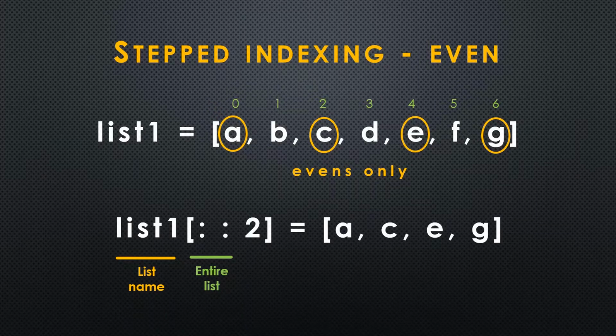The double colon indicates that we want to consider the entire list, and 2 indicates that the elements we isolate within it will have a step of 2 between them. In this case, 0, 2, 4, and 6. So in this case, the list goes from being A, B, C, D, E, F, G to being A, C, E, G.